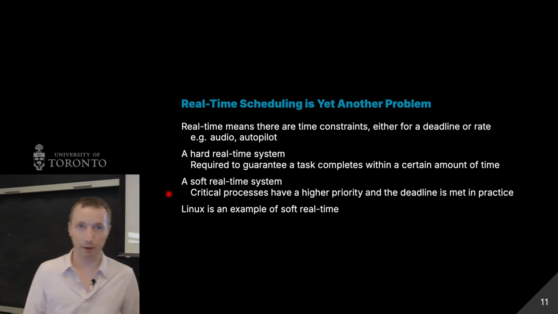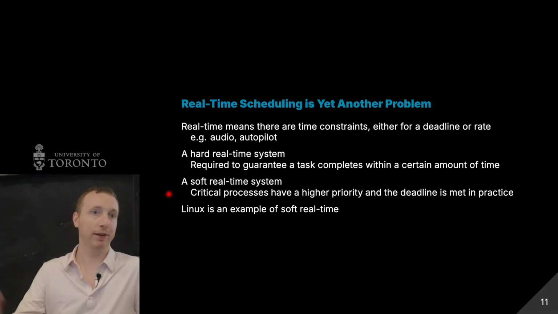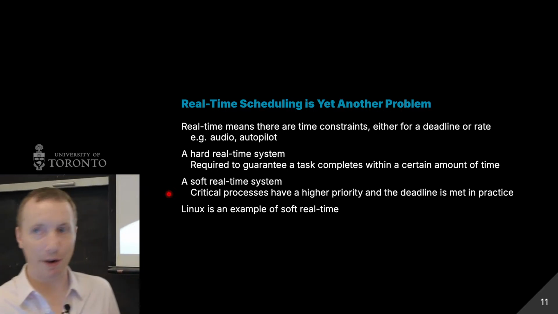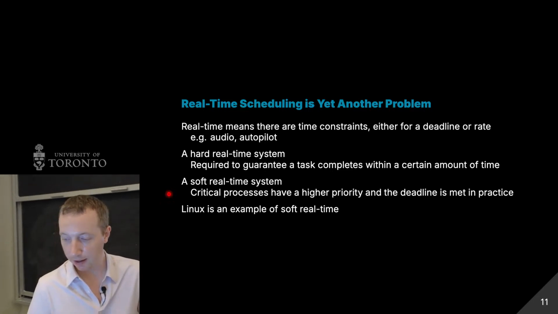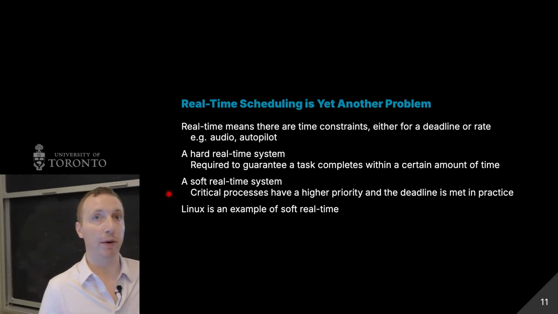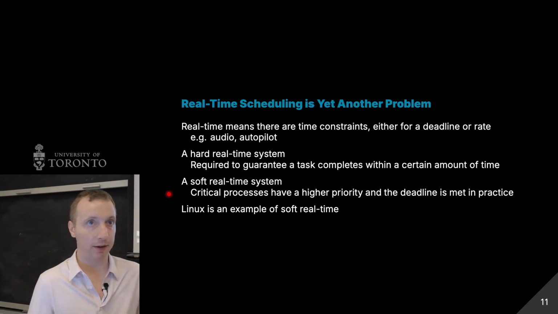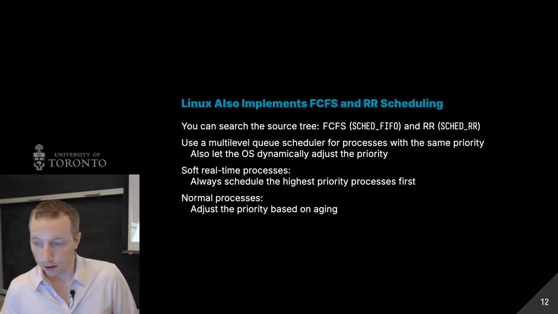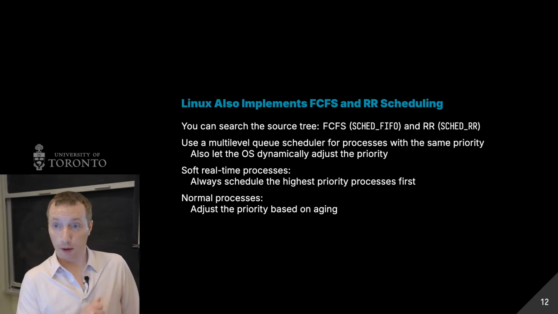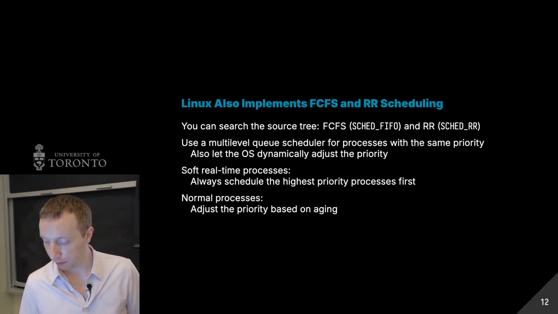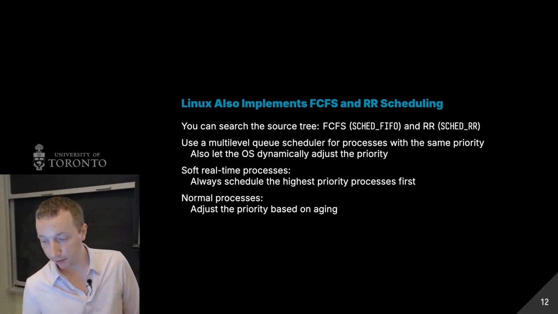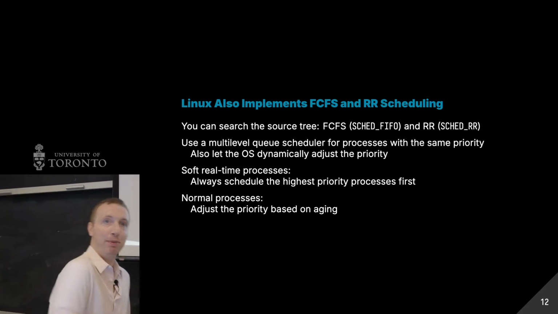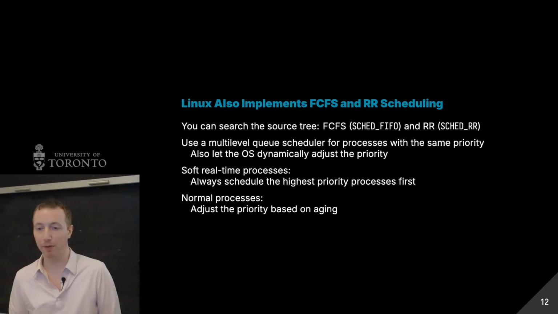So Linux will only do soft real time, because if it did hard real time, you would have to argue about every little thing it did and argue about the worst case scenario and still make some type of deadline. So when we get into scheduling algorithms, Linux actually implements first come, first serve and round robin.